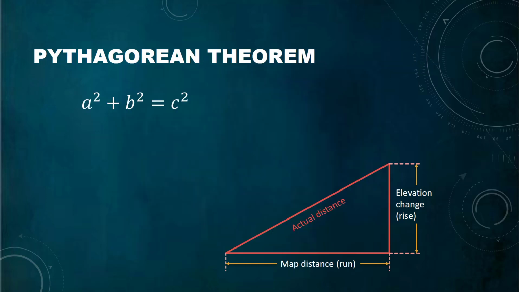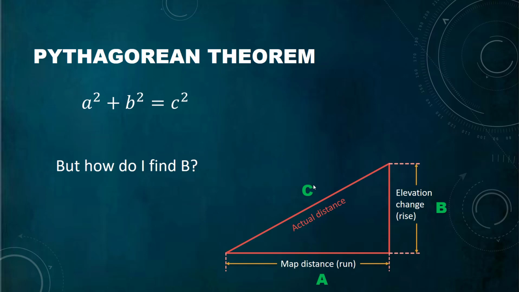So what we're going to do is go visit our old friend Pythagoras, who came up with this lovely little theorem, a squared plus b squared equals c squared, and it uses this principle. So in this circumstance, the map distance is a, the elevation change is b, and then c is the distance that we're looking for.